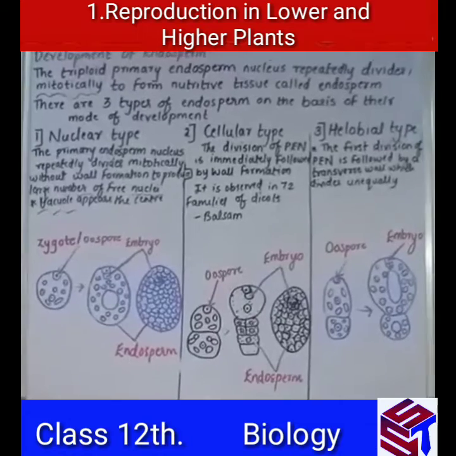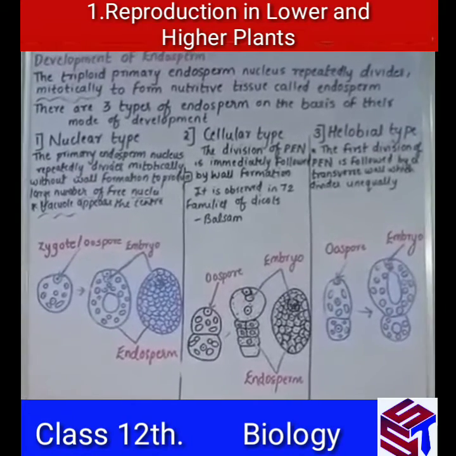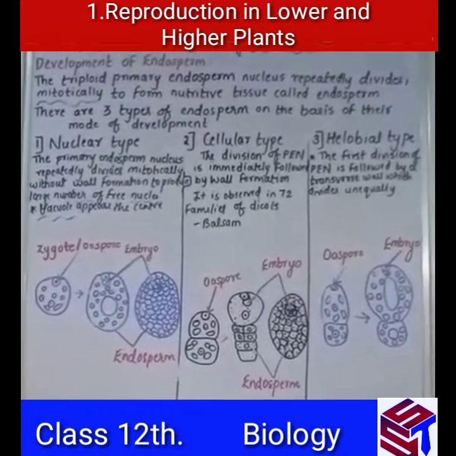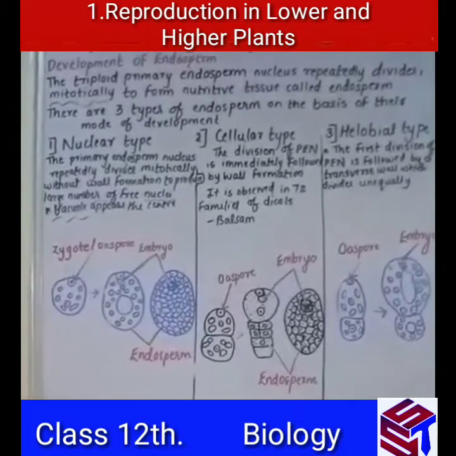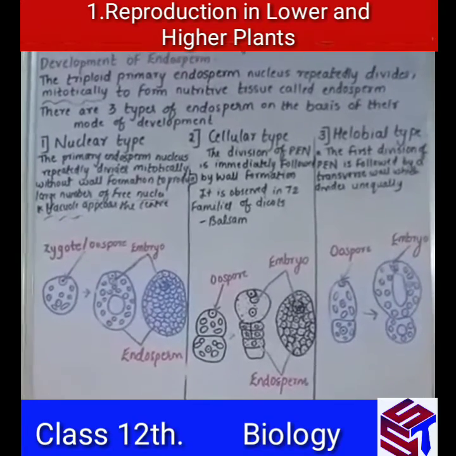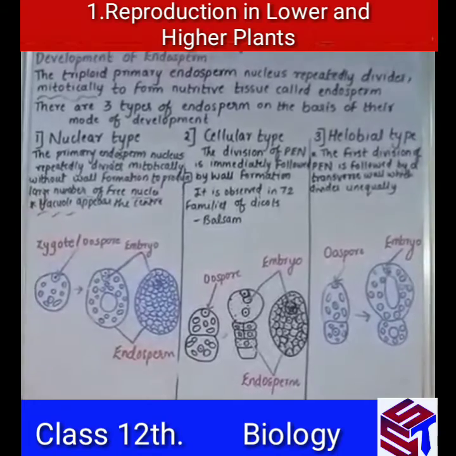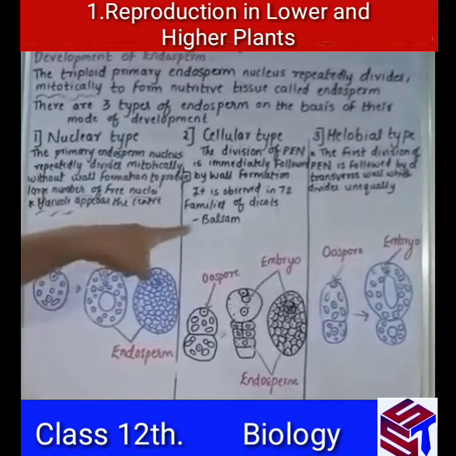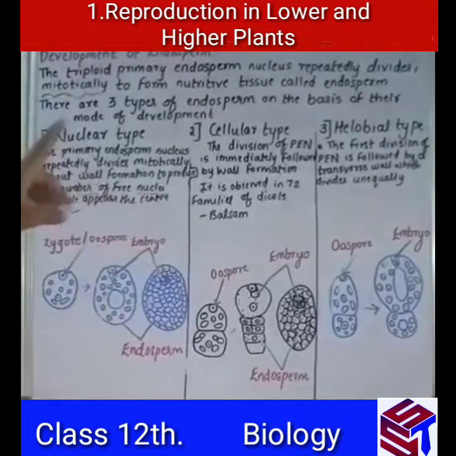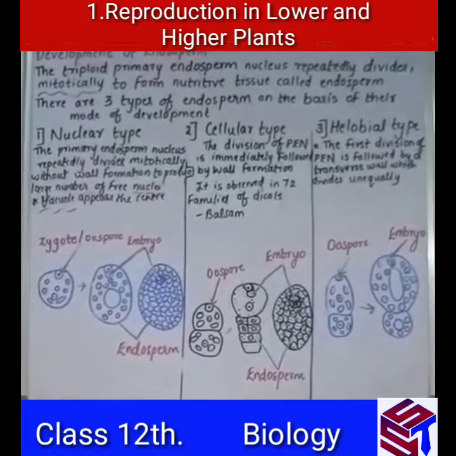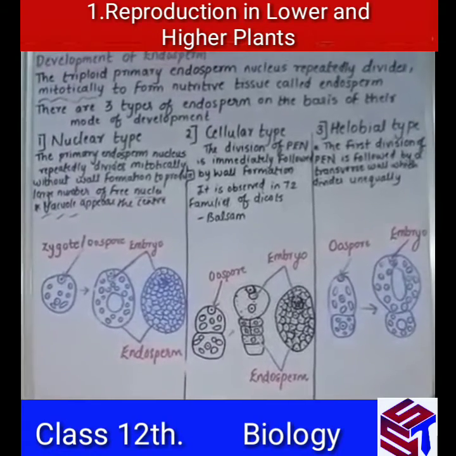The primary endosperm nucleus undergoes nuclear division followed by cytokinesis. In the previous type, only karyokinesis was done, but here karyokinesis and cytokinesis both take place simultaneously.